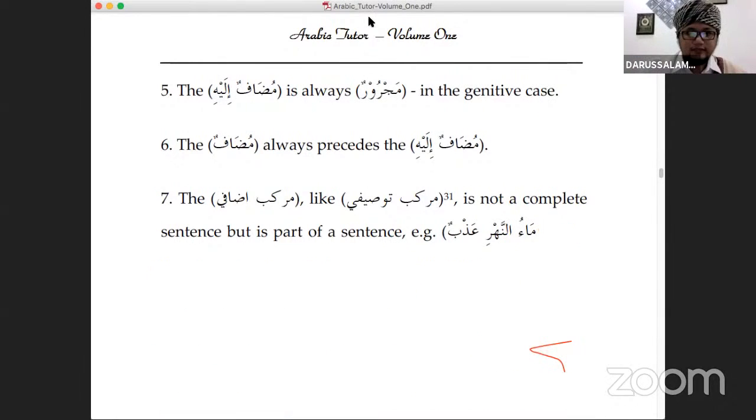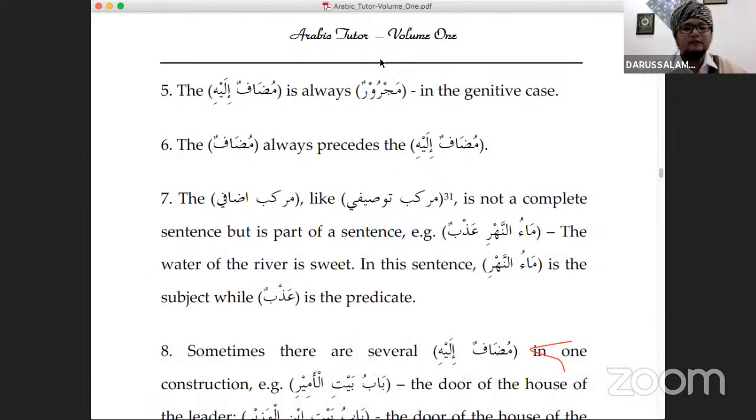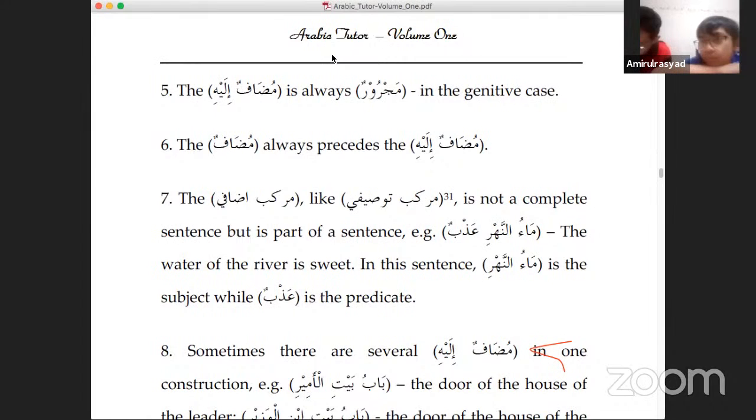Or we can say in Malay, yang disandarkan mestilah ada kat depan, dan disandarkan padanya mestilah selepasnya. Faham ya? Mudaf mesti kat depan. The mudaf must always be in the first part. The second part will be the mudaf ilaih.